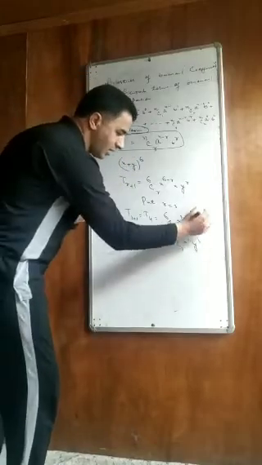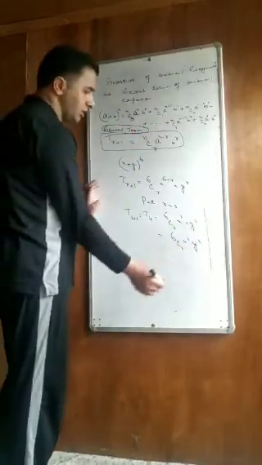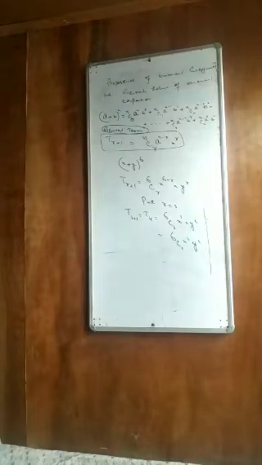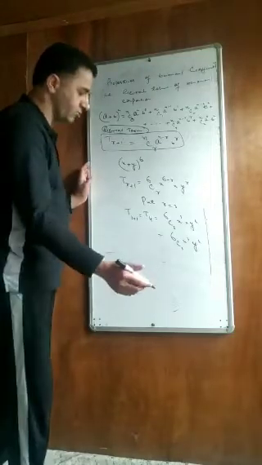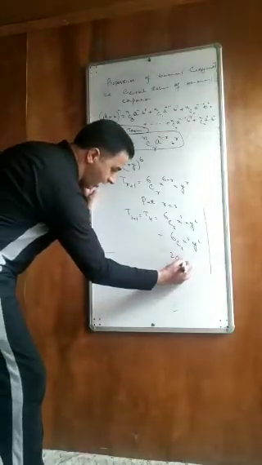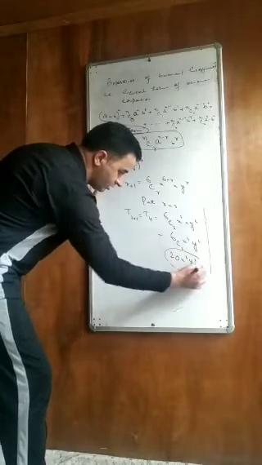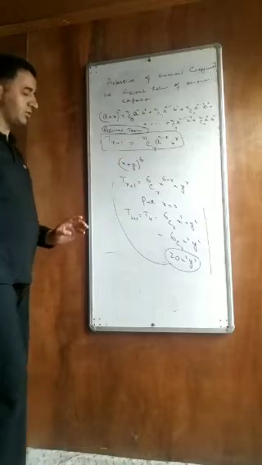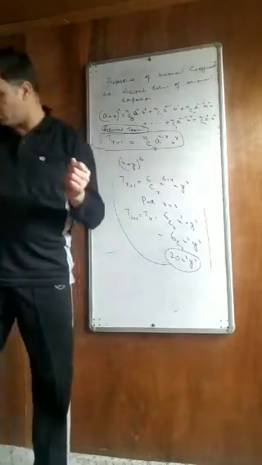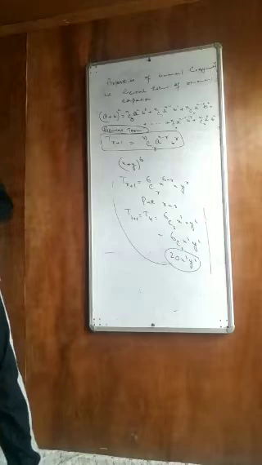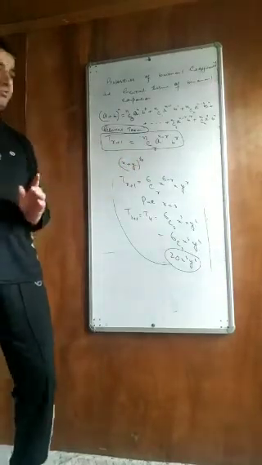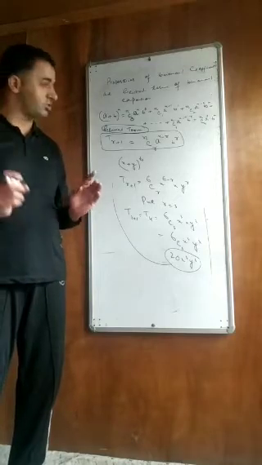And the value of 6C3 is 20. So we can write 20 x cube y cube is the fourth term of this binomial expansion. Thus with the help of the general term you can calculate any term of the binomial expansion.